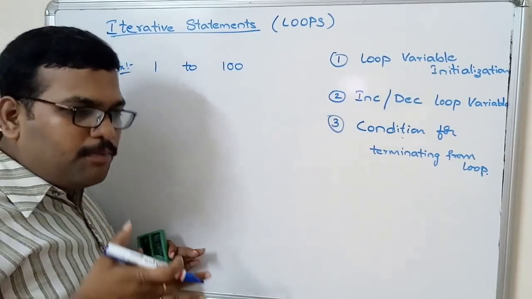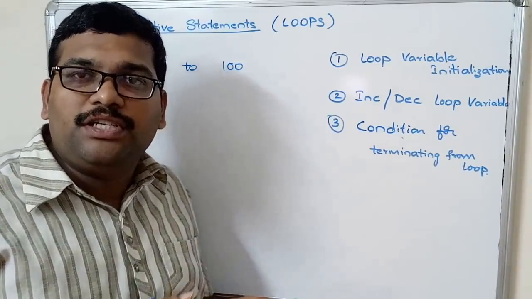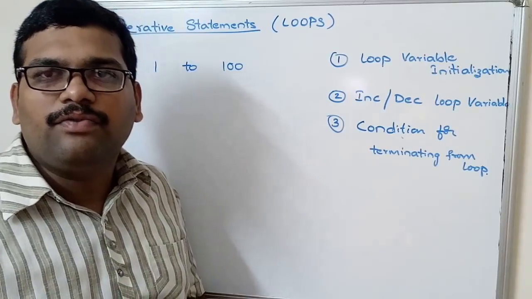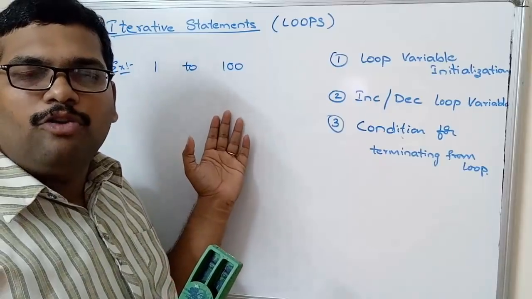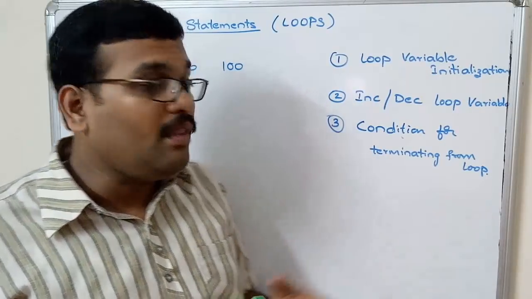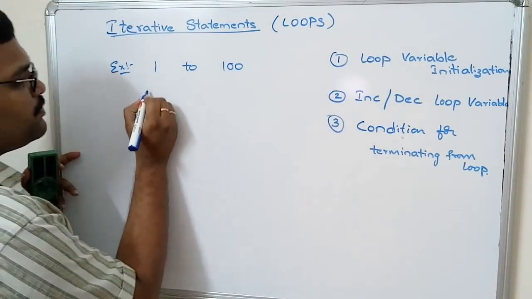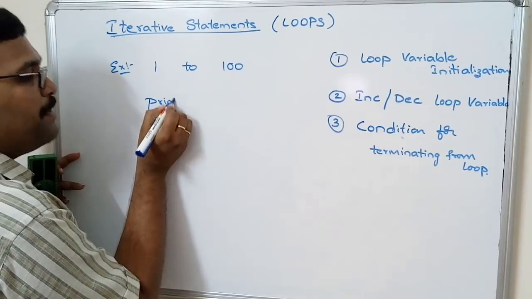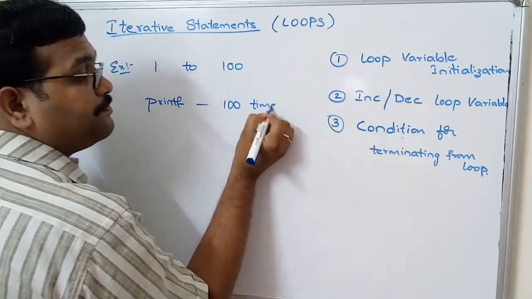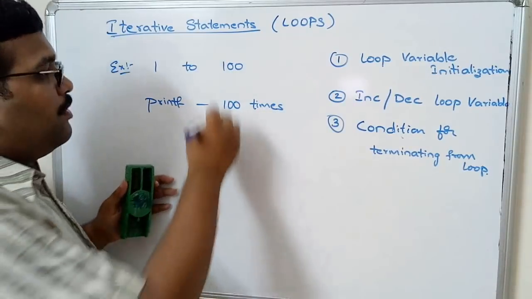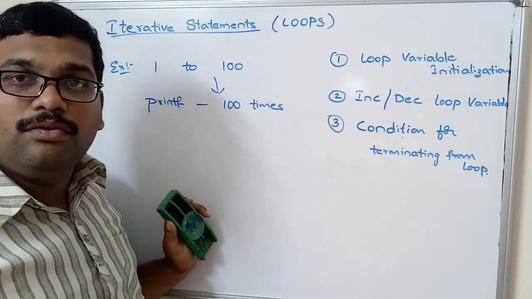So I want to print the numbers from 1 to 100. Up to this point we know that we have to use a printf statement for displaying output on the display screen. So for that purpose we need to implement the printf statement 100 times to get the result.